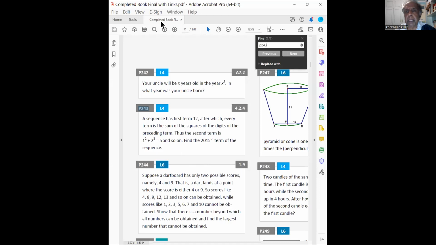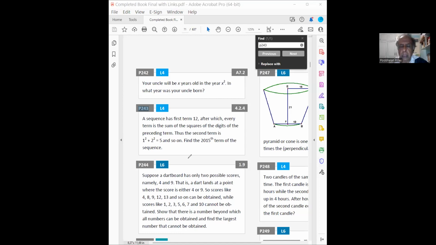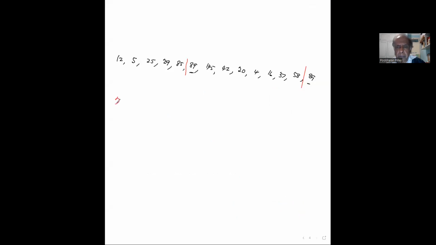So we'll have to break up 2015 into several pieces. 2015 is equal to, well, you got 5 here, and then you want several 8s. Now, how many 8s do you have? Groups of 8. When you take out 5 from that, you get 2010. You bring 5 to the other side.